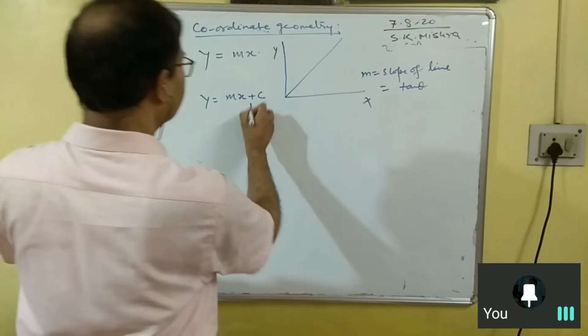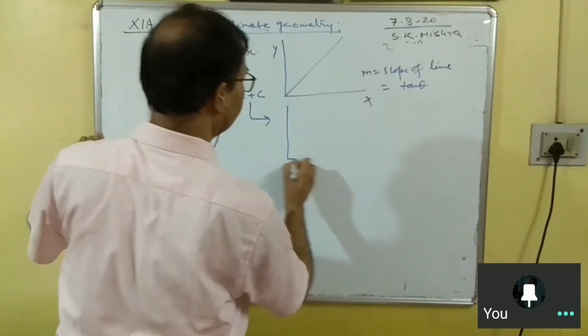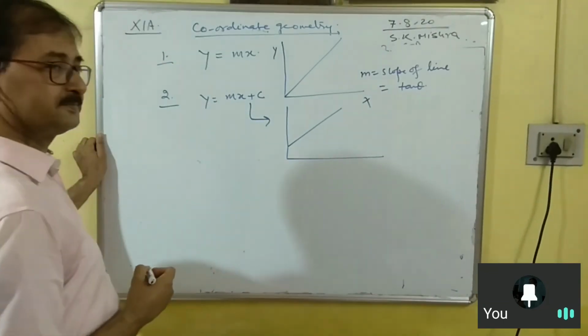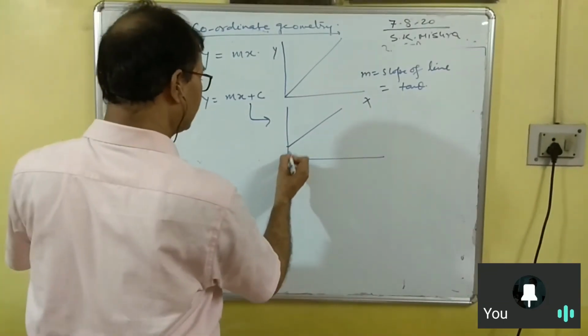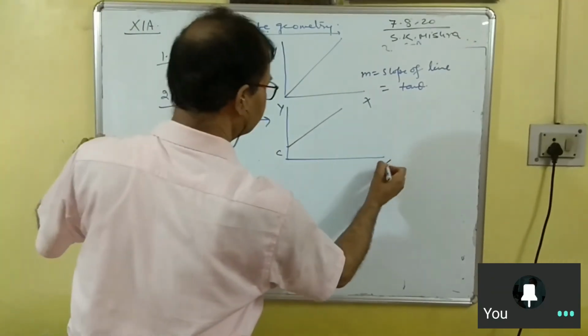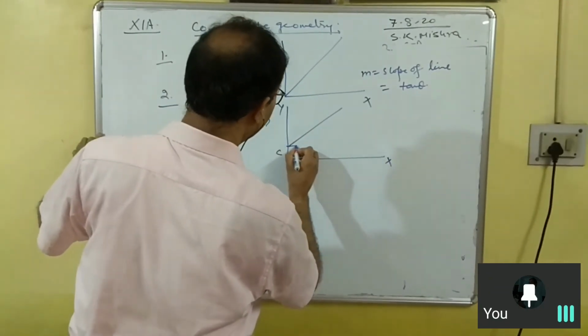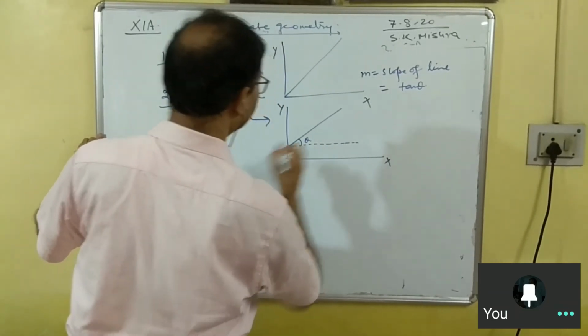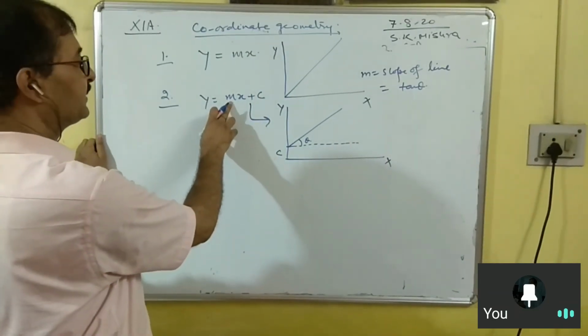For this, the graph is like this. This part is called c. This is the y-axis. This is the x-axis. And theta is this one only. So here is your m, tan theta.